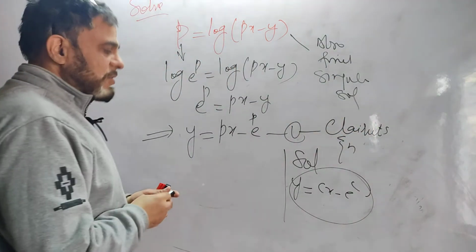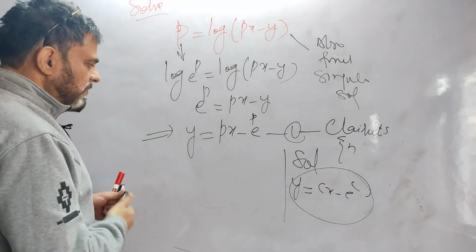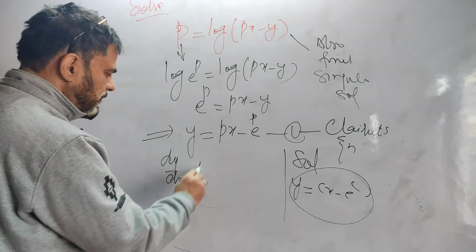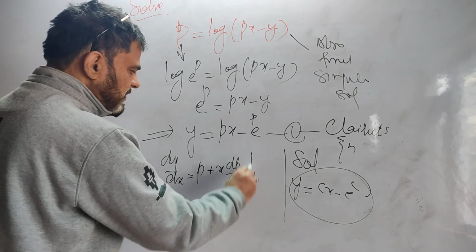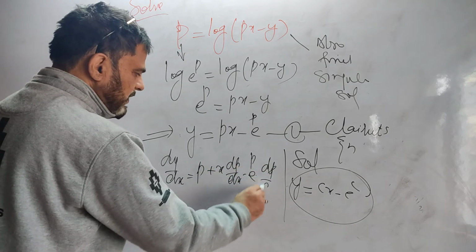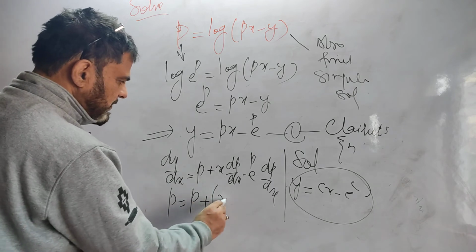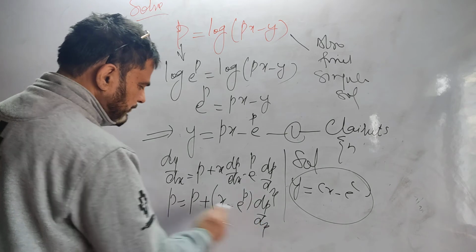If you require the singular solution also, in that case we will differentiate it, no problem. We will write dy by dx is equal to p plus x dp by dx, then minus e raised to the power p into dp by dx. It is p is equal to p plus x minus e raised to the power p times dp by dx.